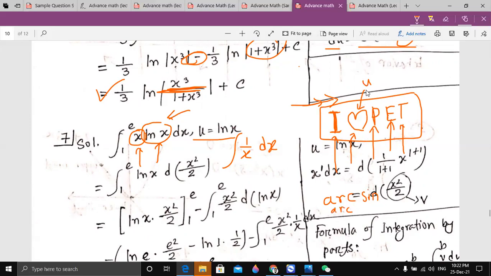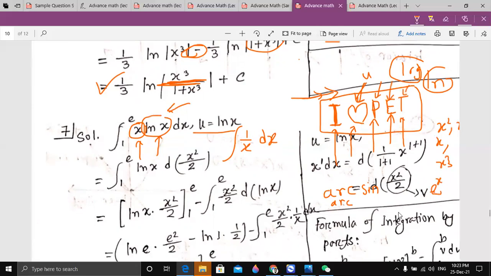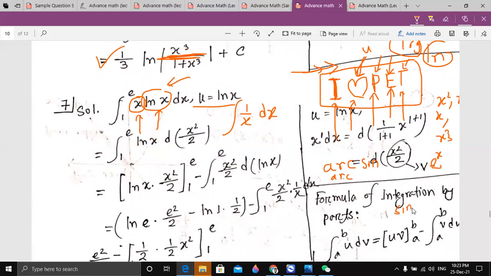Then log, that means log function; it can be log, it can be ln. P means power function, like x square or x cube. E means expo function, that means e to the power x, and T means trig function, that means sine, cos.